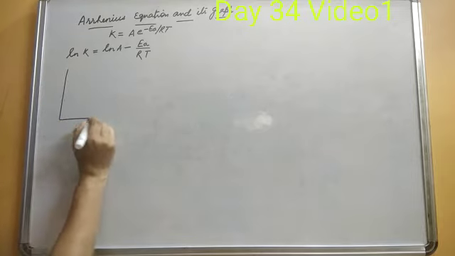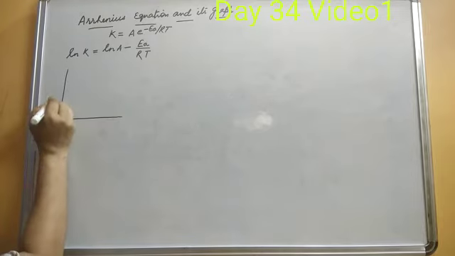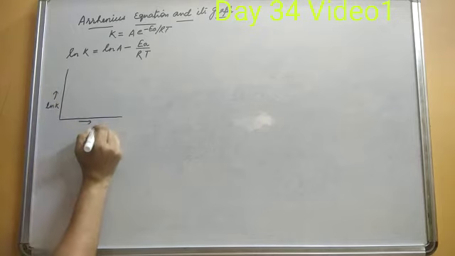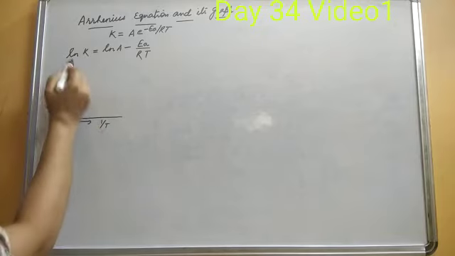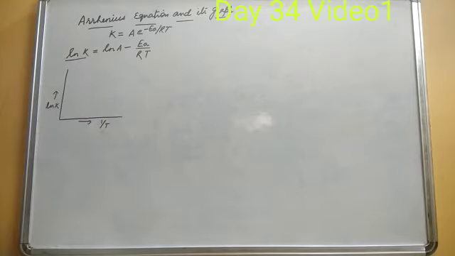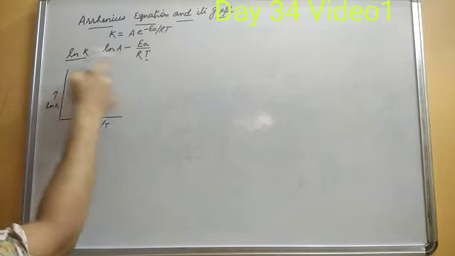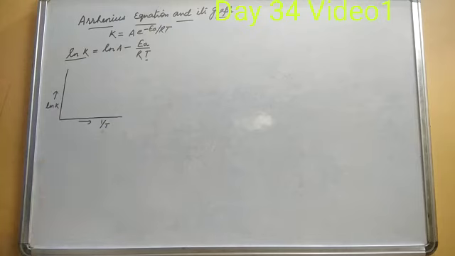We draw the graph between ln k versus 1 upon T, so ln k is Y and 1 upon T is X. Between Y and X we have plotted the graph. So what type of graph should come?